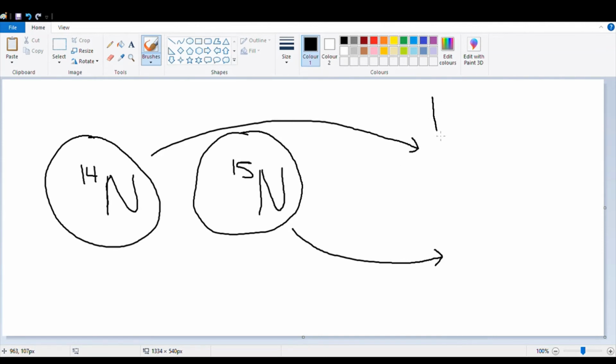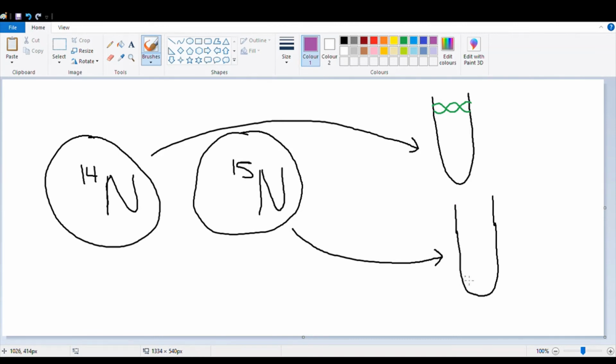And what they found in their test tubes that they were centrifuging was that DNA taken from the light nitrogen broth formed a band quite high on their gradient, so near the top of the test tube.